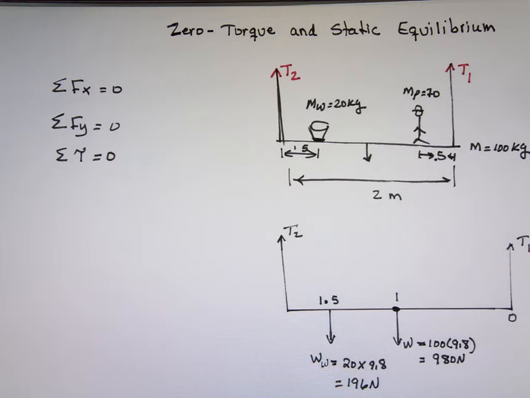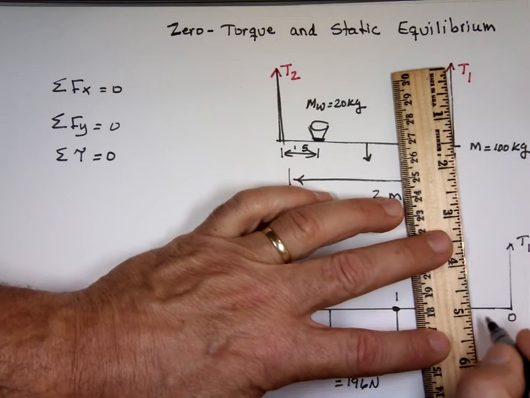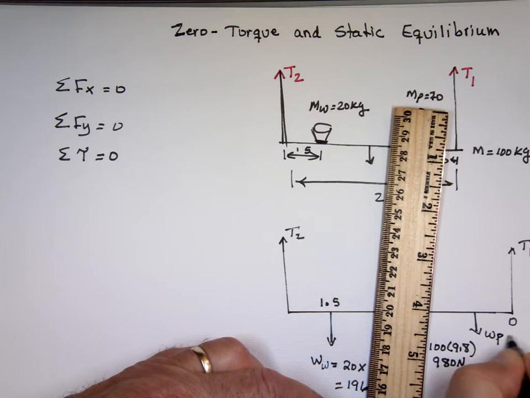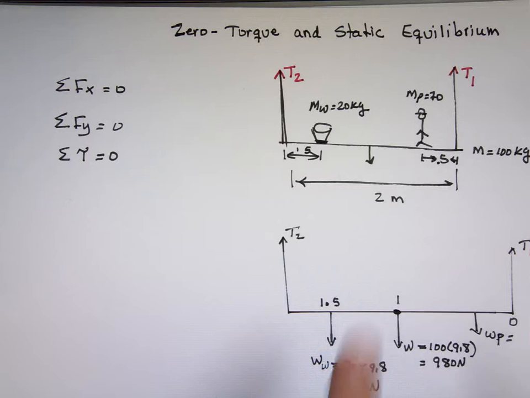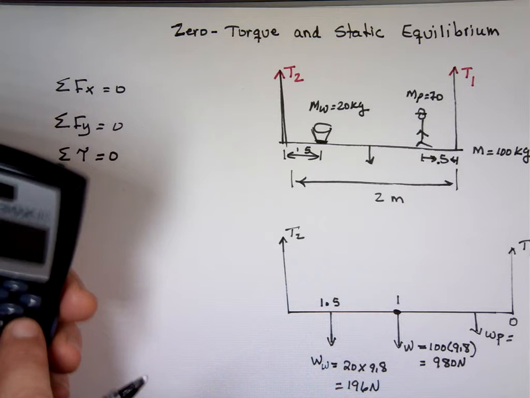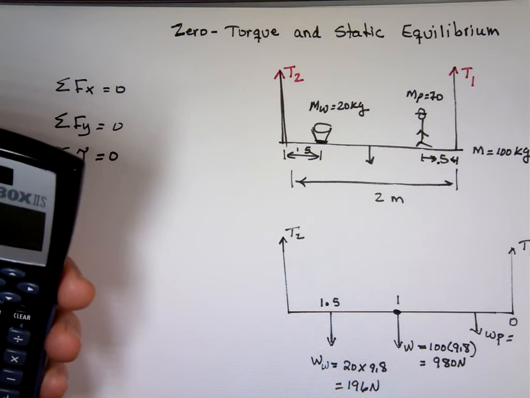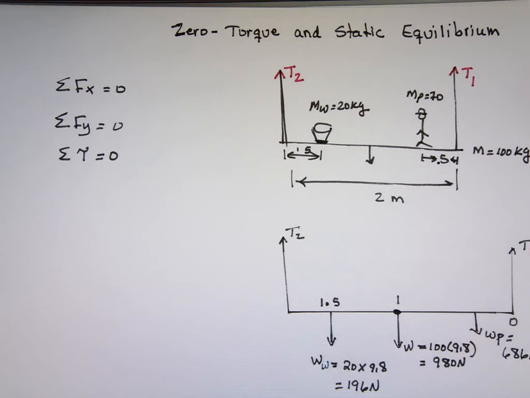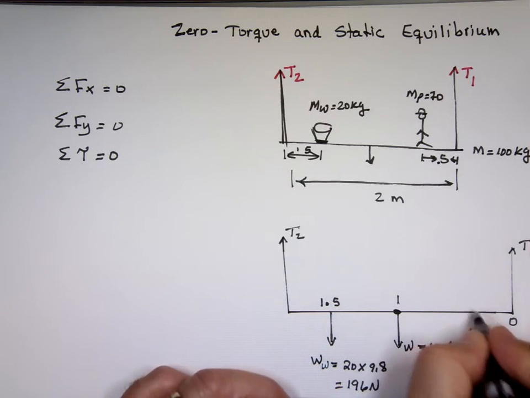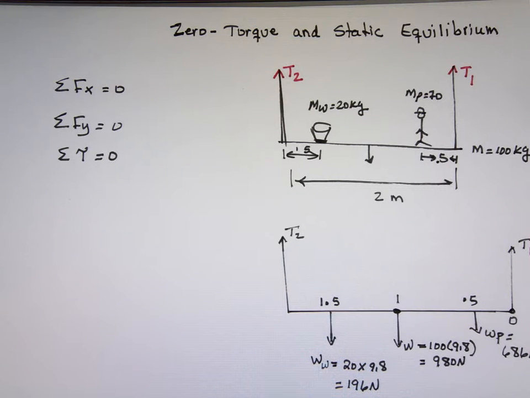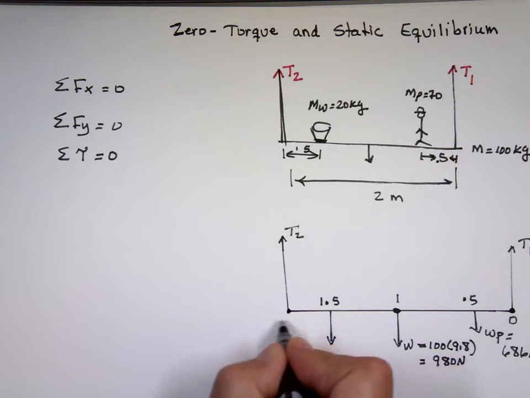Then you get the weight of the person right here, which is 70 times 9.8, and that's 686. And this is 0.5 meters from the edge from here. Should the other one be 0.5 or 1.5? Well, I'm measuring the distance from here. Okay, so that's a 2 from this end, right?